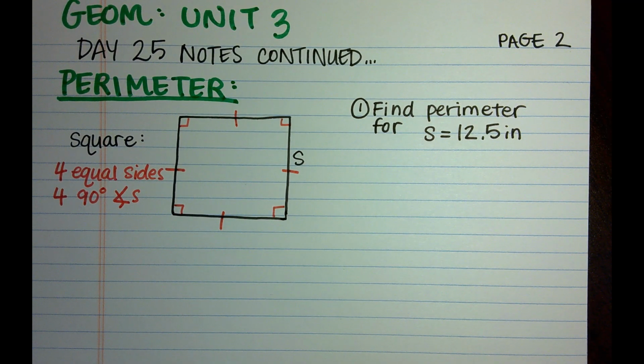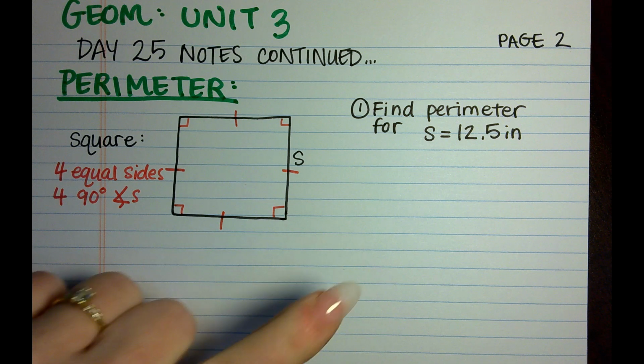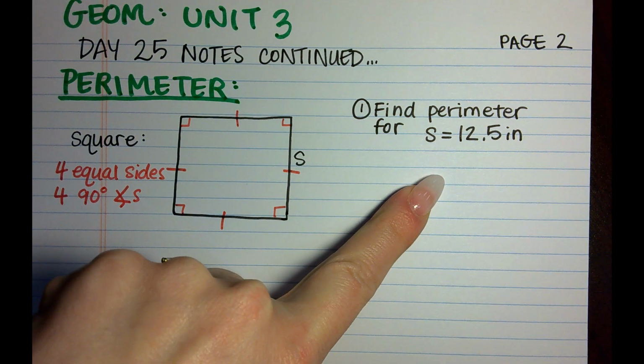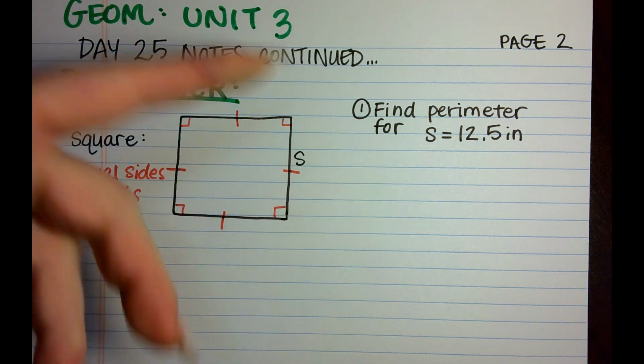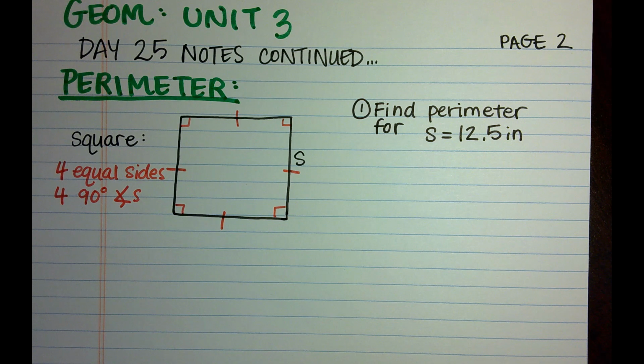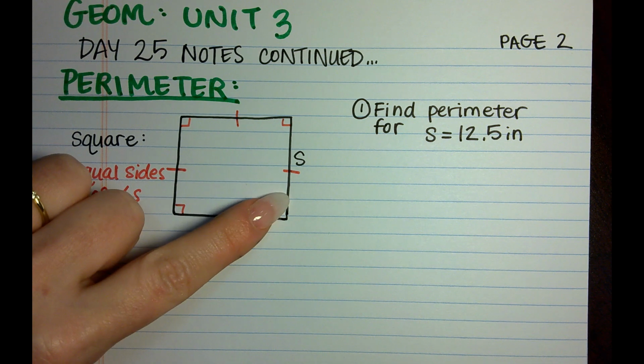Let's think about how we would solve this. That times 4. Just 12.5 times 4? Yep. Why does that work? Because all sides are the same. They're all the same length.